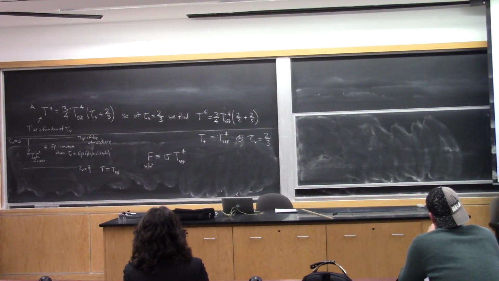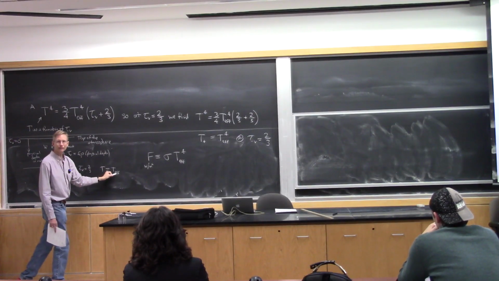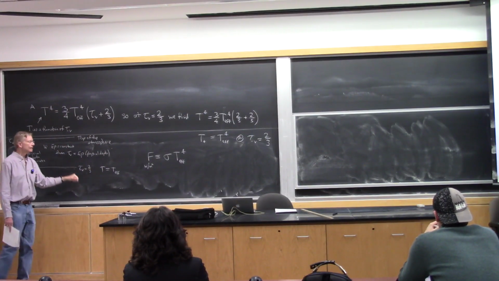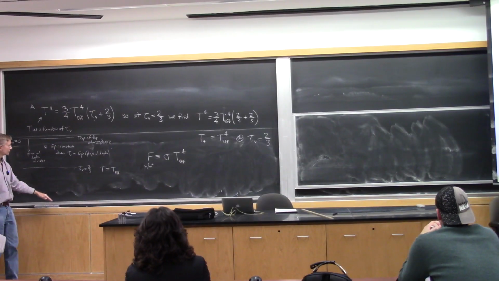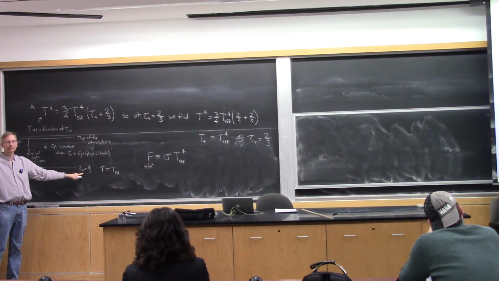And the point of that relation is that the actual temperature of the layer at tau_V equals 2/3 is equal to the effective temperature, such that if the whole star were at the same temperature as that layer, we'd see the same flux that we actually do.